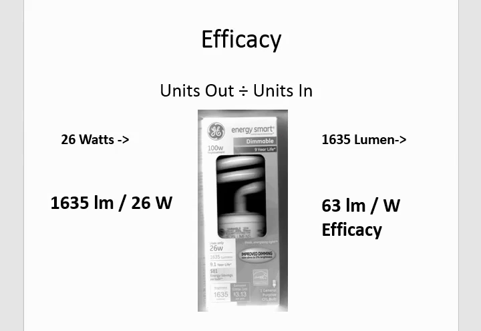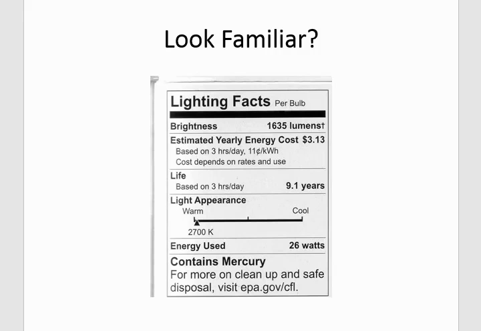And efficacy, on the other hand, we would take the rated lumen output of the lamp, or lamp assembly in this case, and divide it by the units in, which is 26 watts, and we would get 63 lumen per watt efficacy. And these numbers came right off the label. There they are, lumen out, wattage consumed.